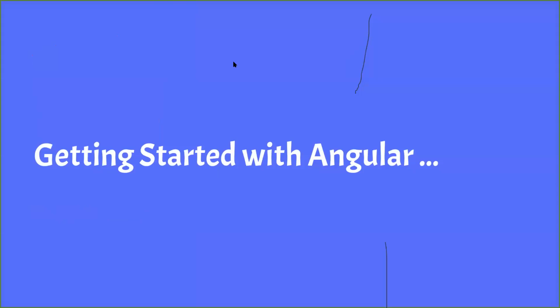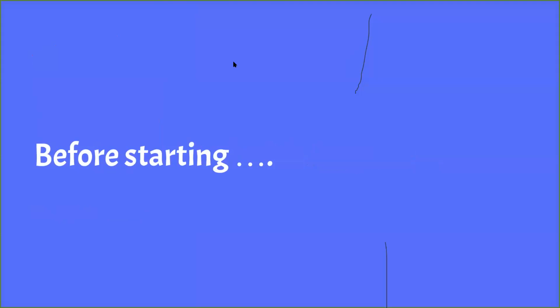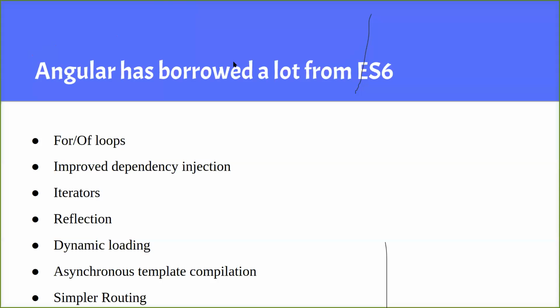So, getting started with Angular. Before starting, Angular has borrowed a lot from ES6. In Angular, most of the things that you see here are done within the HTML and within the various components.